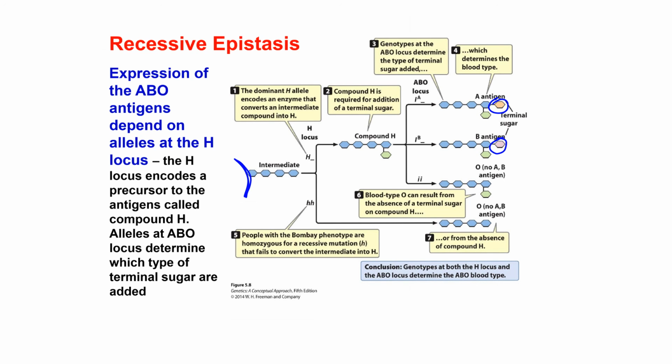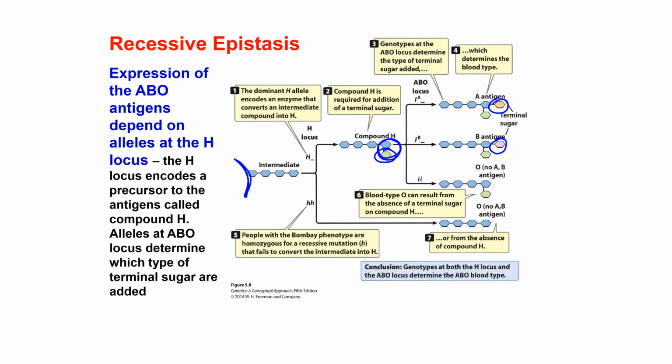Now, in order to attach this terminal sugar, the enzyme which does it needs to have a base to which it can attach it. And this base is formed by addition of fucose to this intermediate chain.